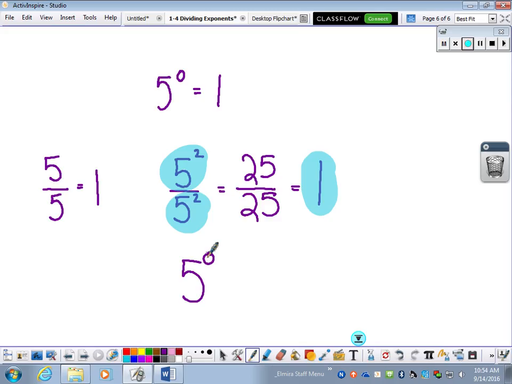So if we've already decided that something divided by itself equals 1, and this answer of 5 to the 0 power is equal to that, then 5 to the 0 power has to also be equal to 1. And if you really want to impress me, the reason that we call that true is called the transitive property.